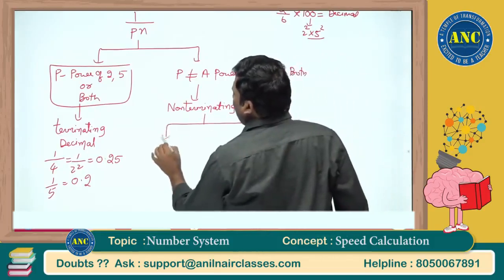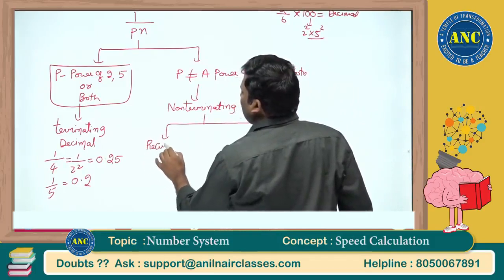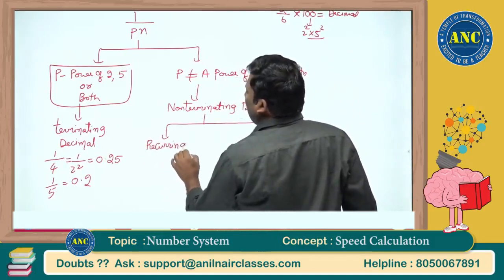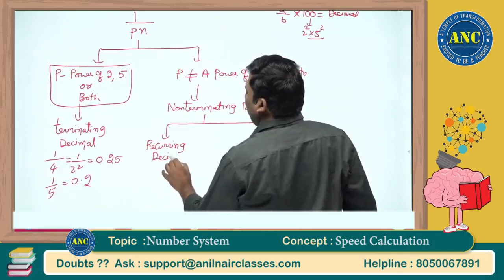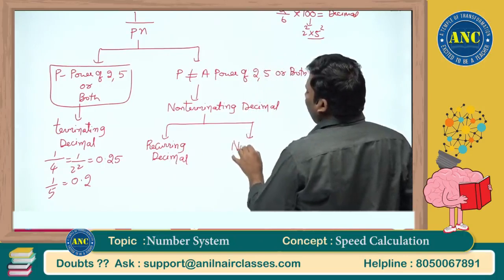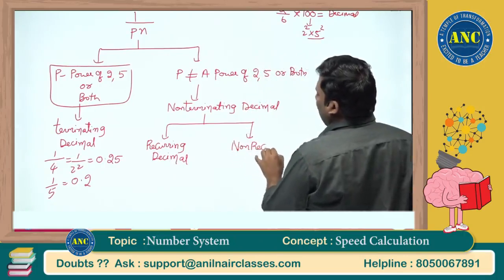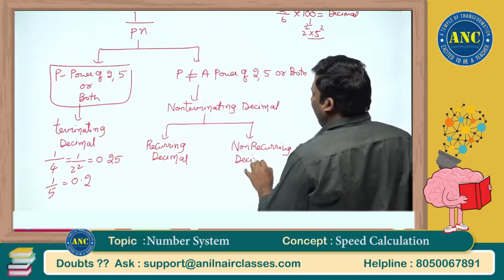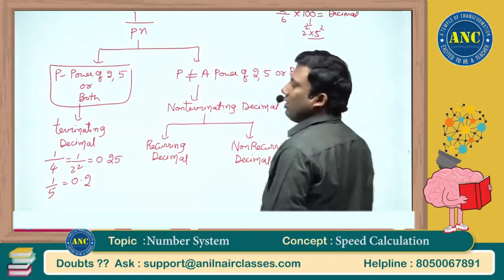Here there are 2 points. If it is non-terminating, how do we find which digits are getting repeated? And how do we find the non-recurring decimal? This we will discuss in detail in the fractions and decimals session number 1.